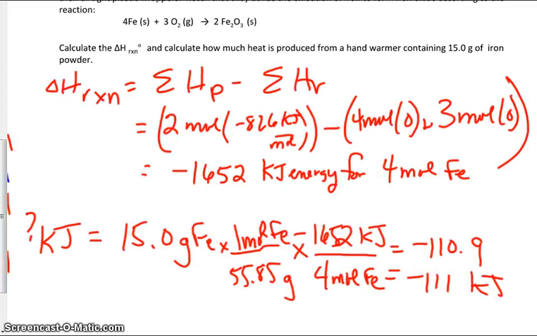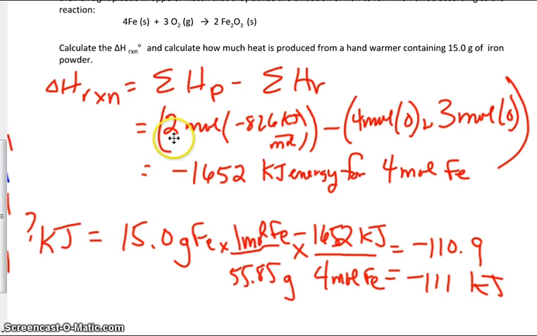All right, ta-da! Again, I wrote down my formulas. I was able to fill in all my units again. Phew. So my 2 moles of the iron 3 oxide, here's this number again. 4 moles of iron, well, it's 0, isn't it? It's in the standard state. 3 moles of oxygen gas, well, that's 0, it's in its standard state. So really, the heat of formation of my reactants is all zeros.